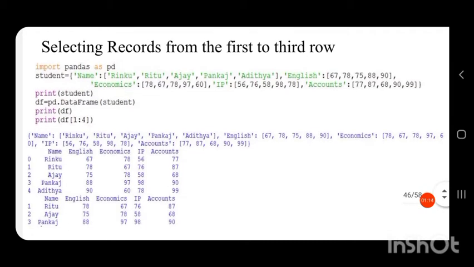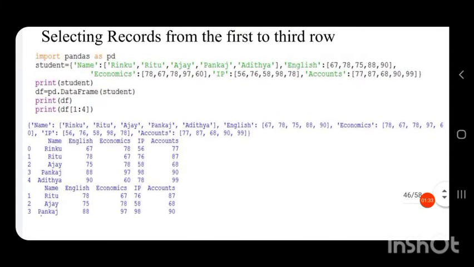Then the key is the column name, then colon, the values are the data in that column. So Rinku, Ritu, Ajay, Pankaj, Aditya, these are the values in the column name. Then the next key is English, which is another column of the data frame.